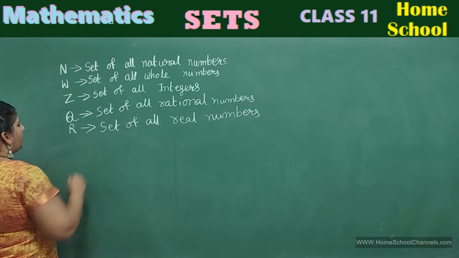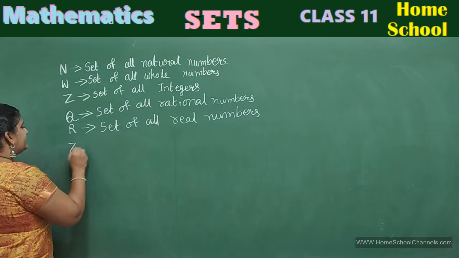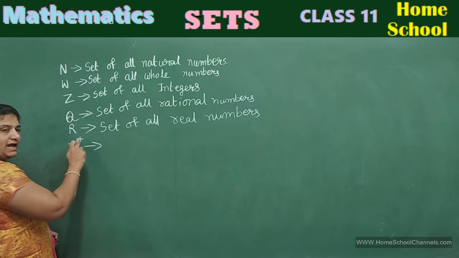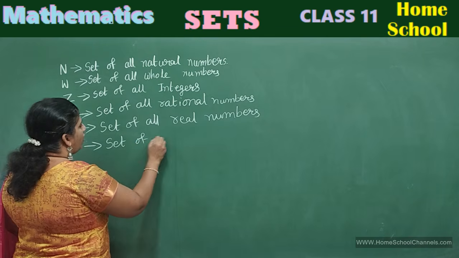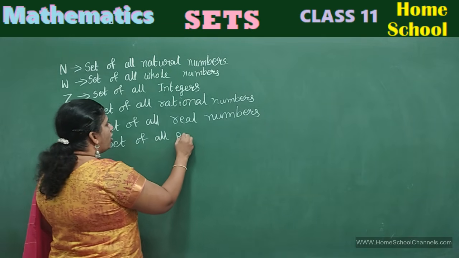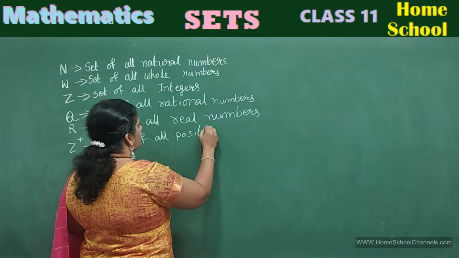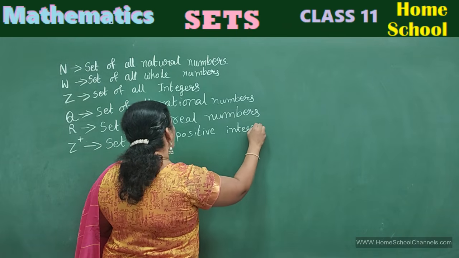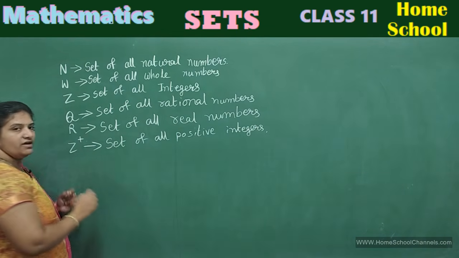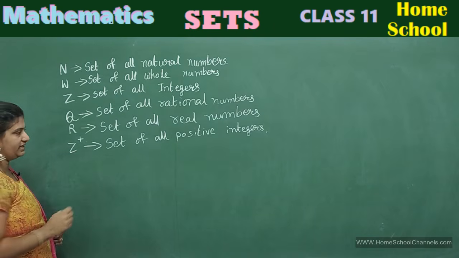And you need to remember 3 more. Z plus indicates the set of all positive integers. Only positive integers we need to represent with Z plus.